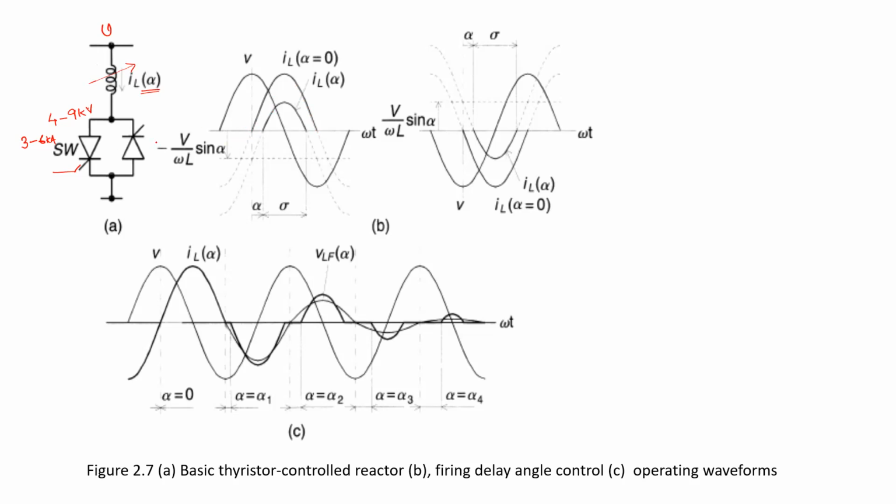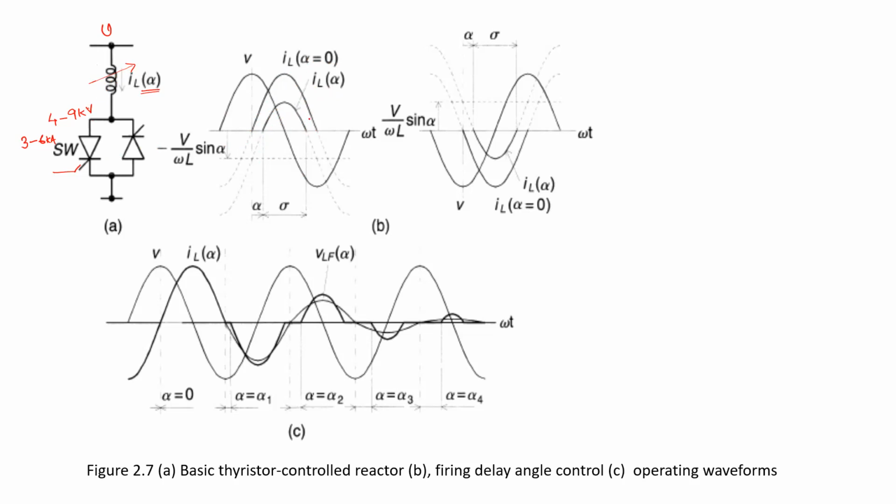And if there is a delay, if the delay angle is alpha, the quantity of current decreases. So it is simple to say that the amount of current in the inductor can be varied by changing the firing angle.